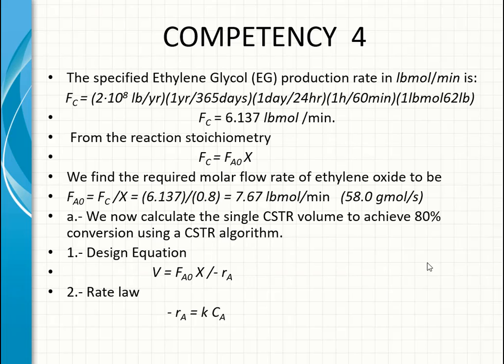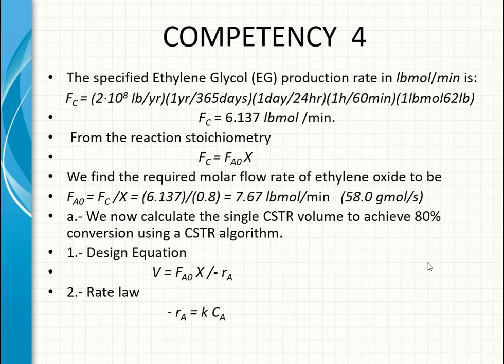So we will convert those 200 million pounds per year to mole pounds per minute, with all this conversion of units from years to days, then to hours, and then to minutes, and pounds to mole pounds by using that 1 mole pound is equal to 62 pounds for the ethylene glycol. So FC is equal to 6.137 mole pounds per minute.